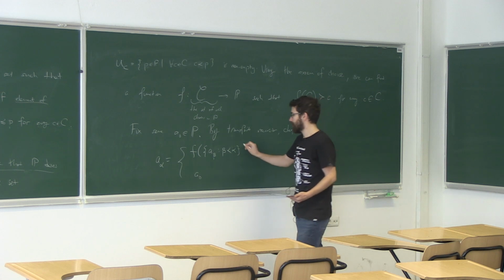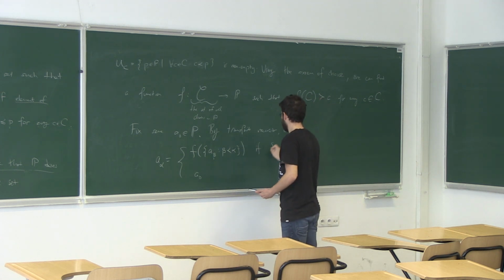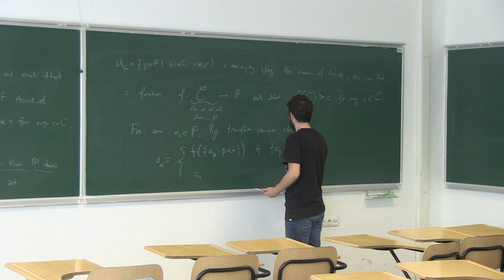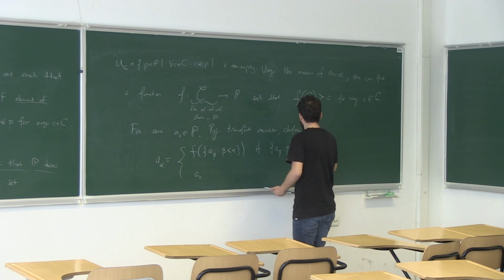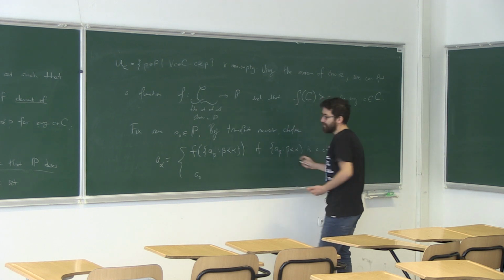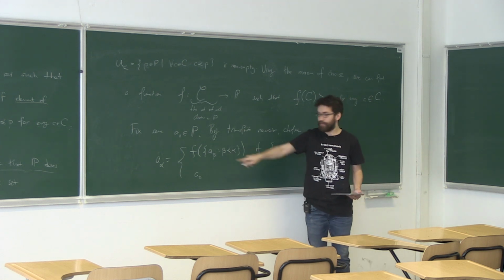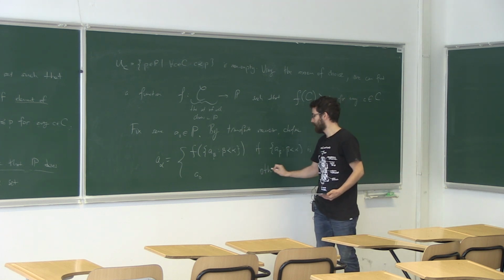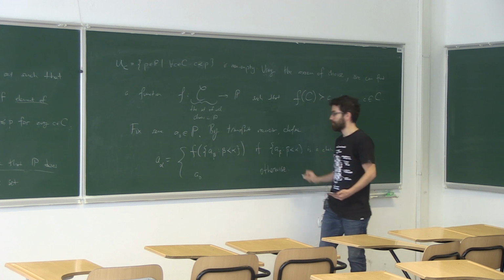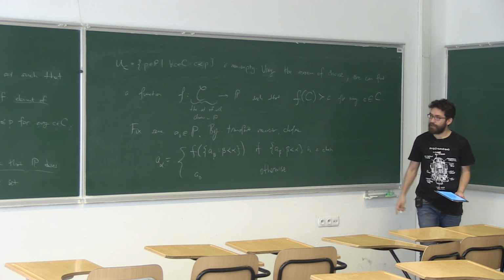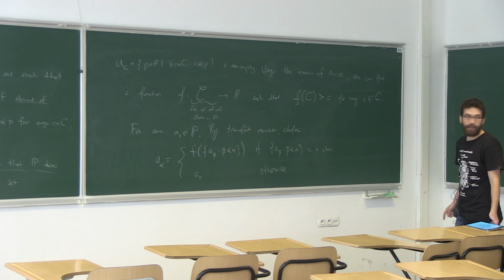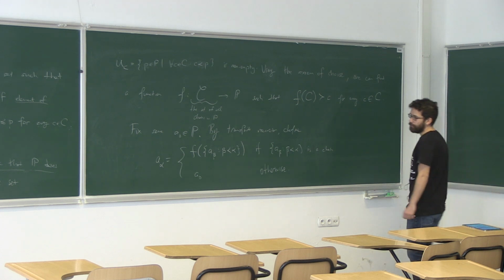If these guys form a chain, then I apply f to this. And otherwise, I define a sub alpha to be a sub 0.